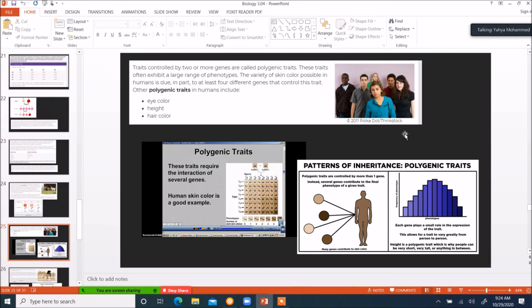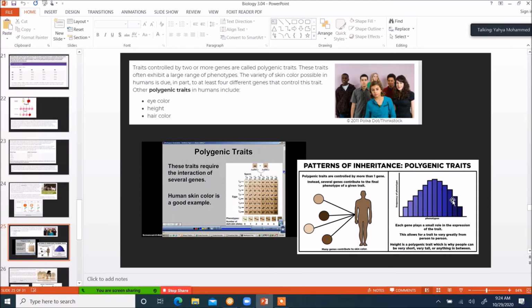In terms of skin color, eye color, and height, you have a whole spectrum. For example, you don't have just people who are 6'6" and 5'0", with everyone being one or the other. It's a whole range from one end to the other, with a whole bunch of people at every single height.